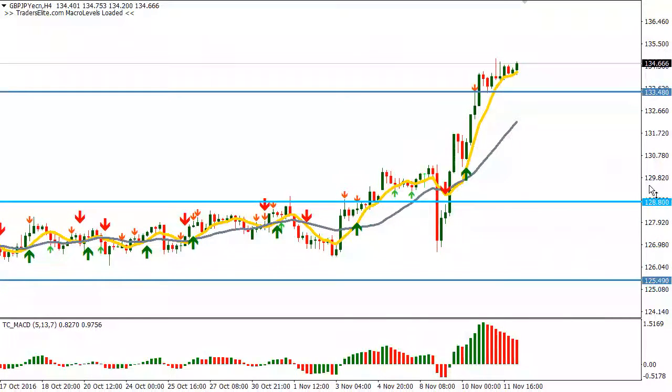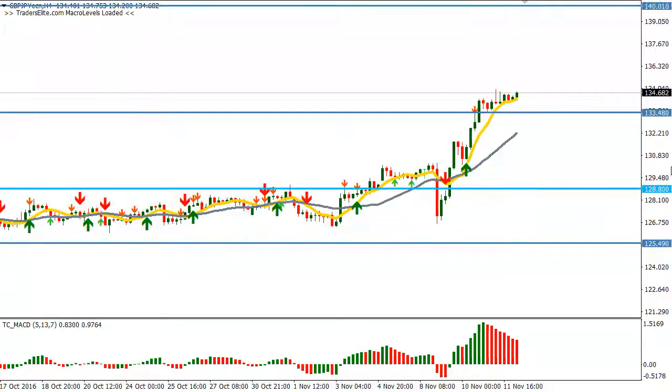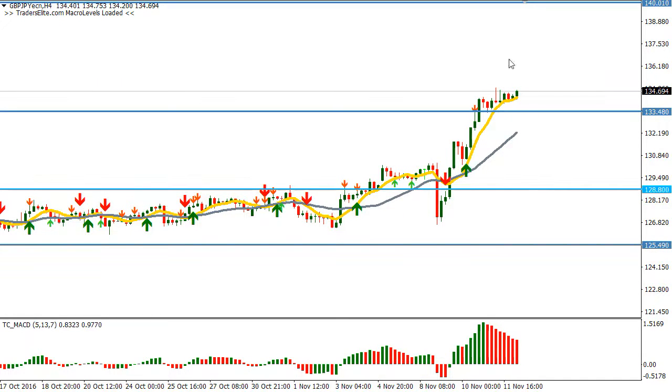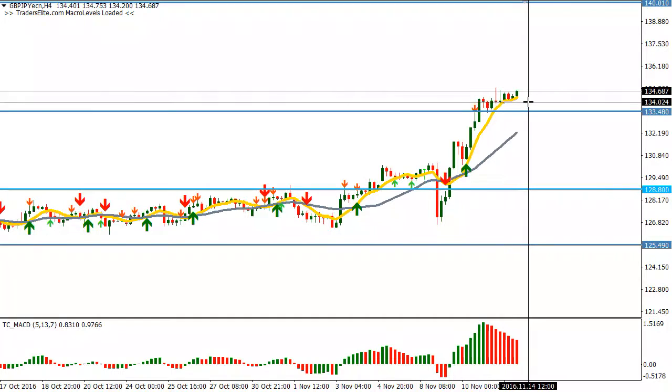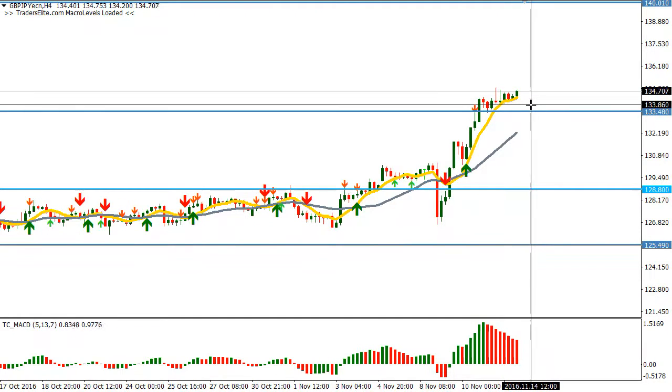So let's just say that it moves back down at this stage, a little bit of a reversal, moves back down to around here, gives a price flip, or at the very least shows support at this macro level. We've got around 75 pips thereabouts for your stop, or even 100 pips.